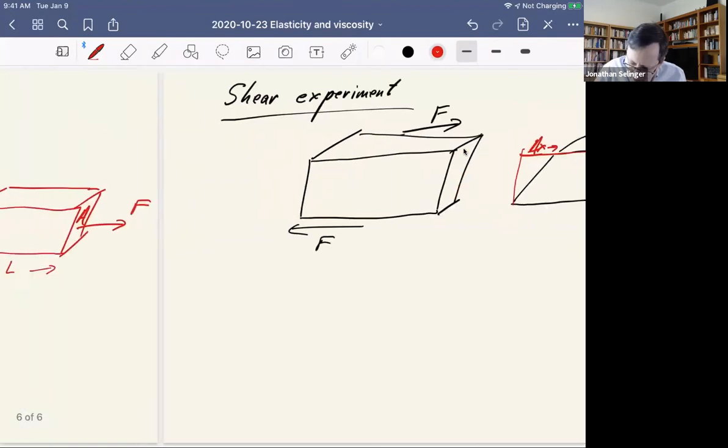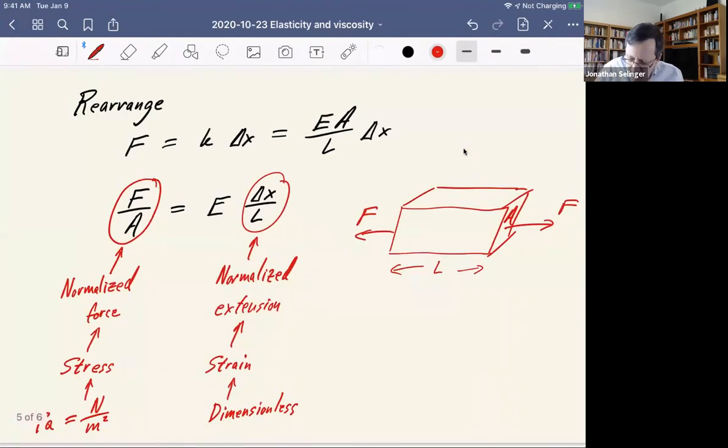I think in the previous picture, I forgot to tell you two important letters for the stress and the strain, okay? The stress gets the Greek letter sigma, the strain gets the letter E, okay? So in this extension experiment, the stress is F over A and the strain E is delta X over L.